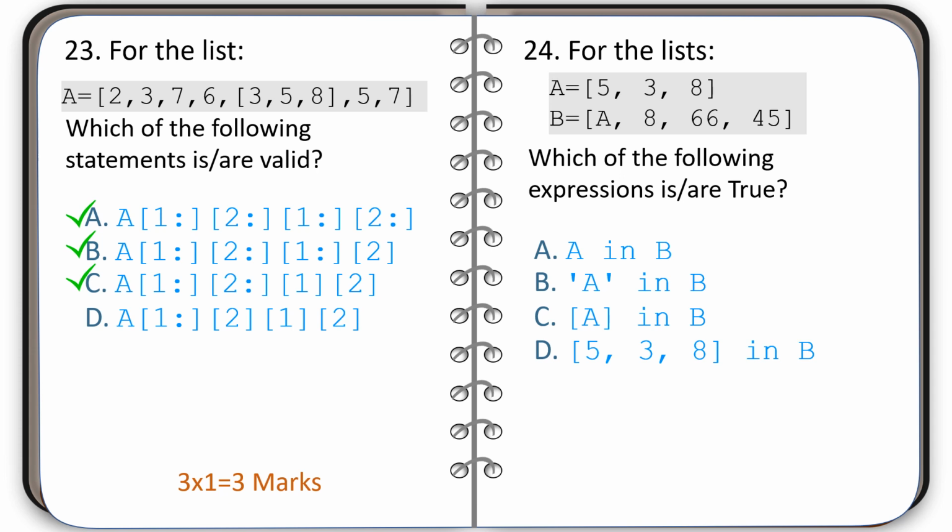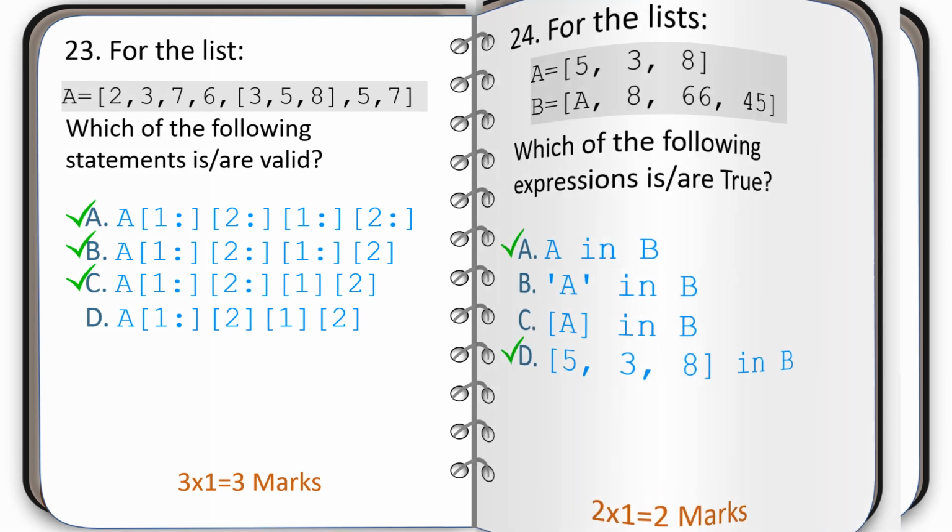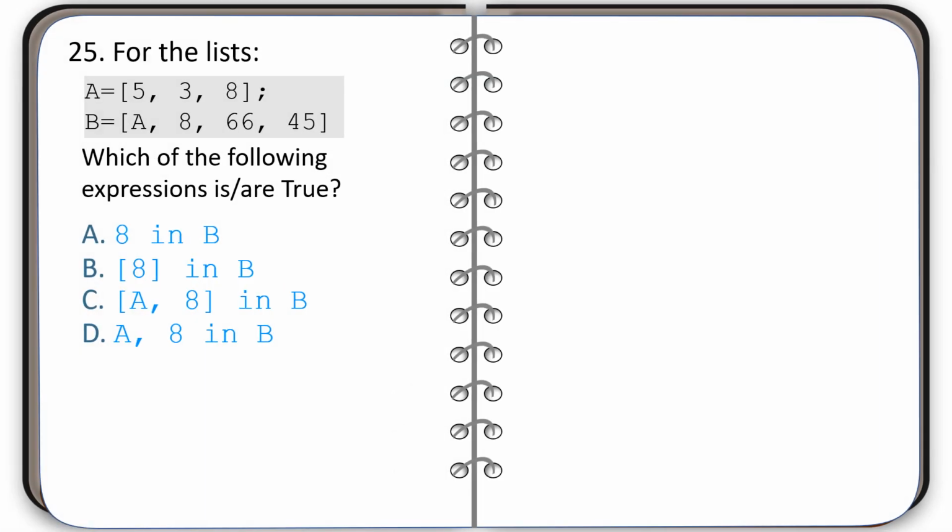And the expressions which are true are A and D. Question number 25. Again two lists are given, and you have to identify which of the given expressions are true for these two lists. And the correct option is option A.